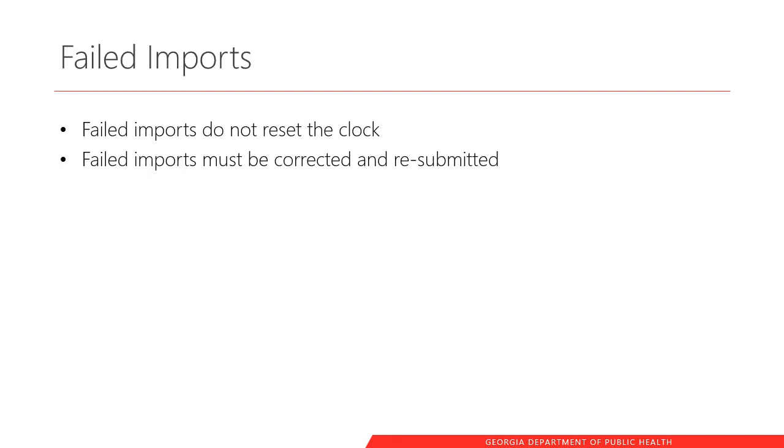Right, if there are failed imports, right? Because the software has some validation errors in there, that is, our system is not allowing the import, then those failed imports don't reset the clock, okay? And those failed imports have to be corrected and resubmitted, okay, as fast as possible.